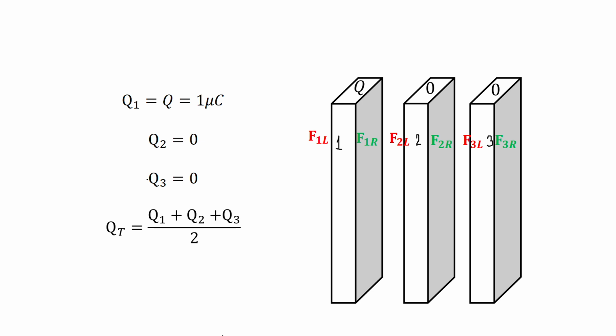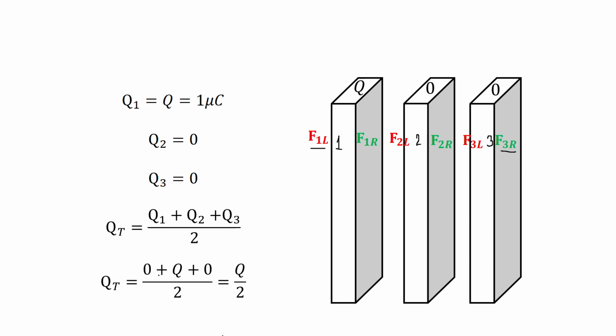In our previous video, we derived that Qt, the charge appearing on the extreme left face F1L and on the extreme right face F3R, is the sum of all the charges divided by 2, and both values are the same. So Qt is (Q1 plus Q2 plus Q3) divided by 2, and this will be the same on F1L as well as F3R.